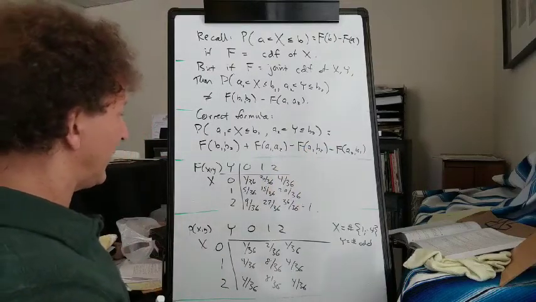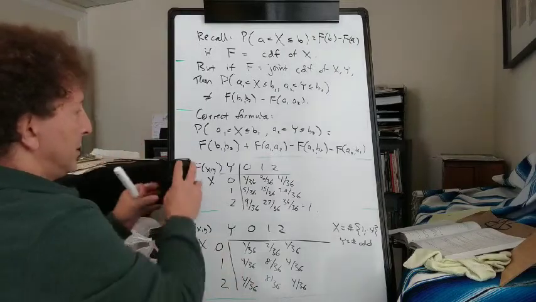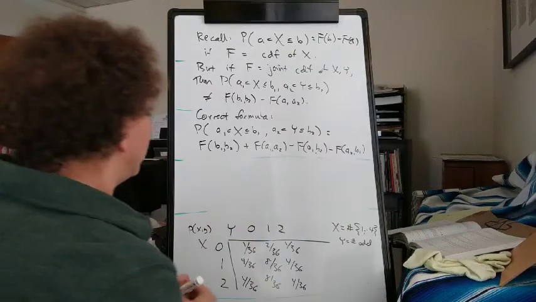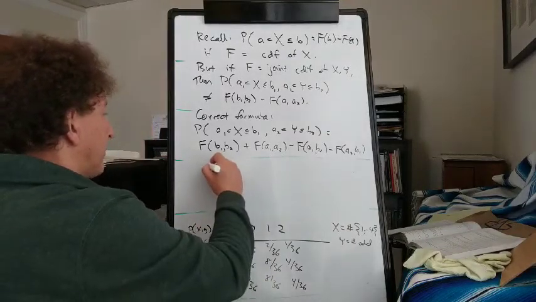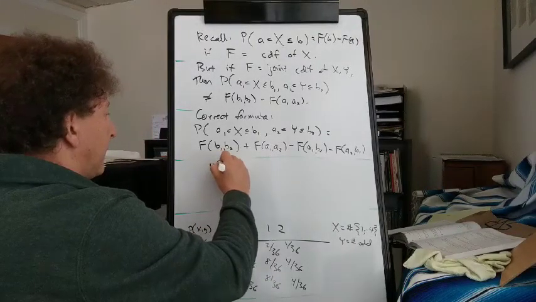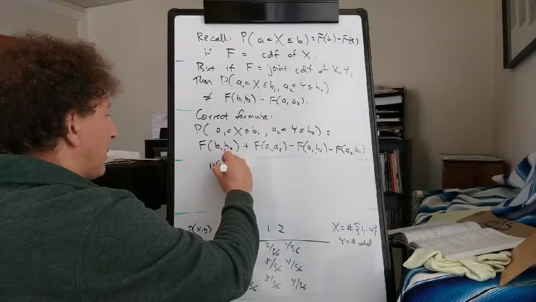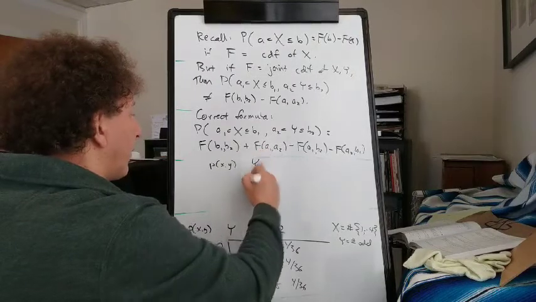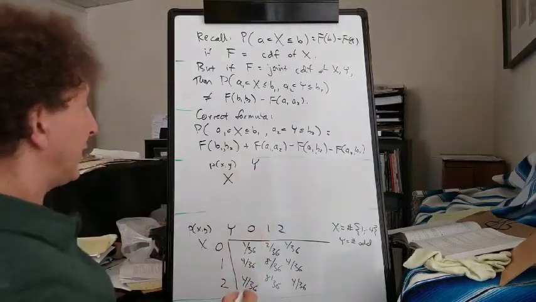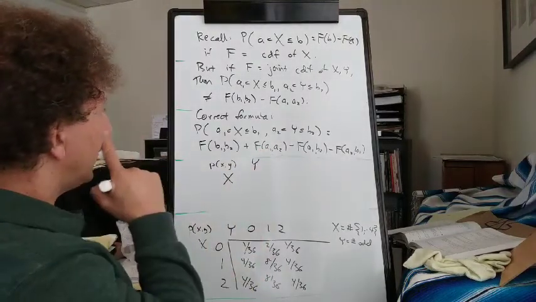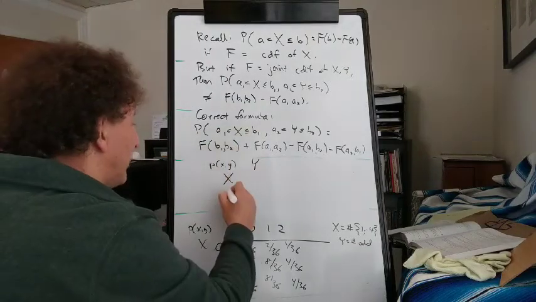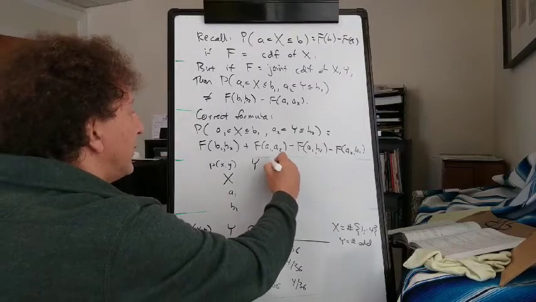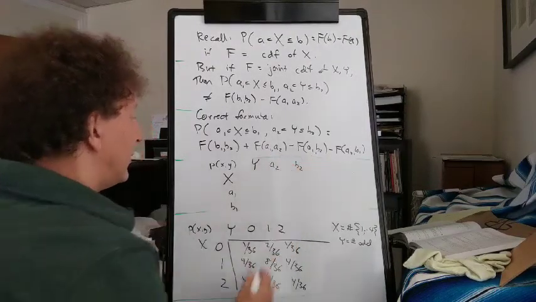All right, so let's see why that would be true. So let's say the x values are a1 and b1, and the y values are a2 and b2.